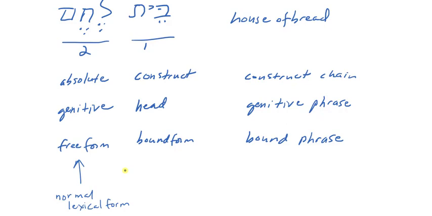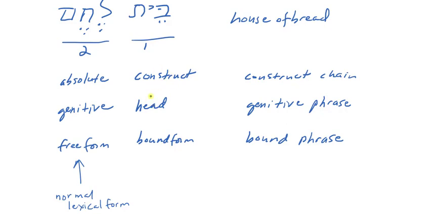So what is the lexical form of bait? Bayit. So when I say the absolute form or the free form, what I'm talking about is the normal form. Okay? The construct form could be modified. It could be a modified form. There could be some vowel changes or some changes to the endings.